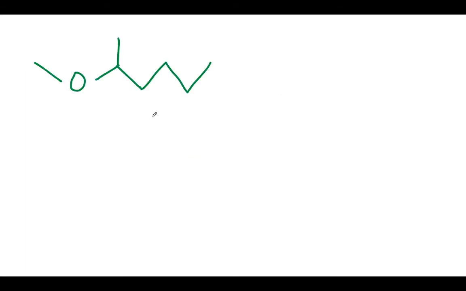So let's take a look at this case here. Here's another way to name this. I'm going to identify my longest section. The O is attached to one carbon here, and it's attached to 1, 2, 3, 4, 5, 6 carbons on this side. So obviously I've got hexane here, right? And I want to number this hexane so that the carbon that the O is attached to has the lowest possible number, right?